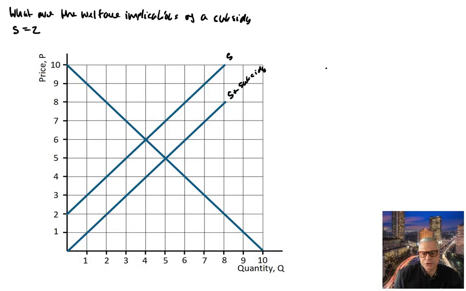So our original price was 6, the original quantity turned over was 4, but now the price drops to 5. And the equilibrium quantity increases from 4 to 5, and the price drops from 6 to 5. So now we can do again our welfare analysis.